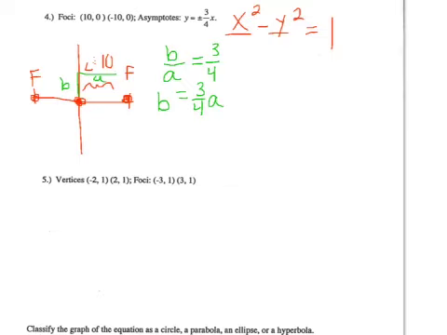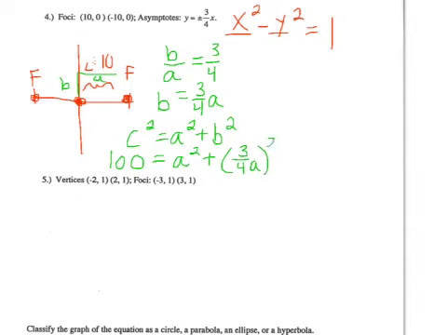So what we can do is use our equation, c squared equals a squared plus b squared, and a little substitution to help us figure out what these missing values are. We know that c is 10, so c squared is 100. We don't know a squared, but we know that b equals 3/4 a. So we can take that and plug it in. Don't forget the squared.